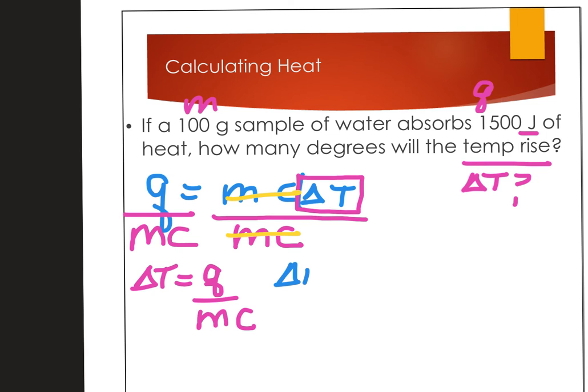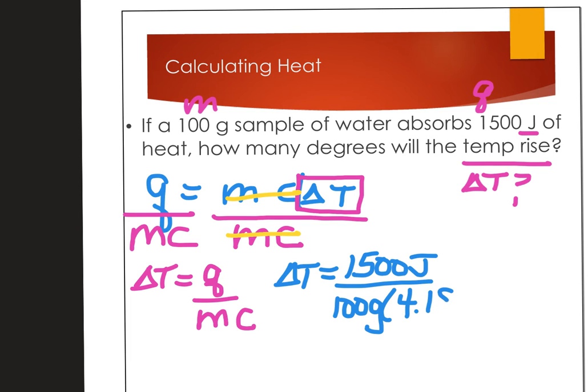So delta T equals my Q, 1,500 joules, divided by M, which is 100 grams, times 4.18 joules per gram Celsius, which is from table B. Notice my joules are going to cancel.